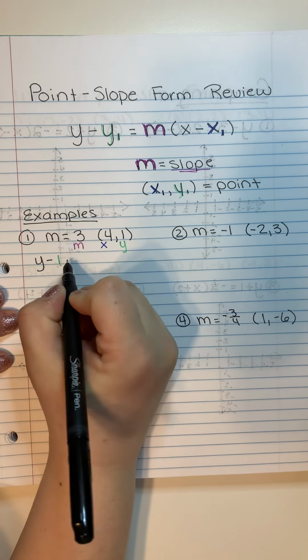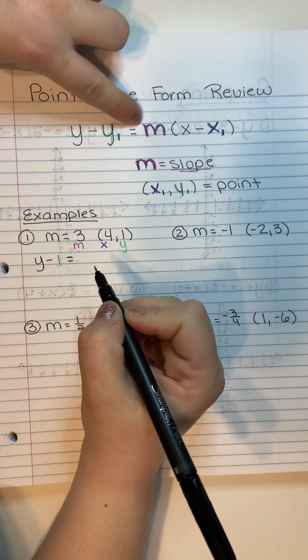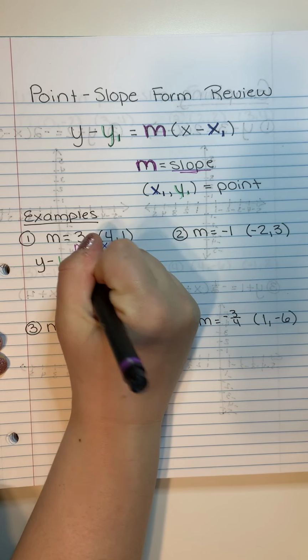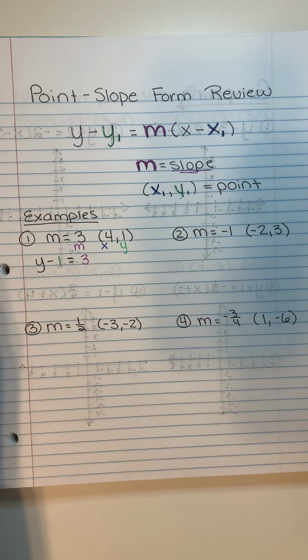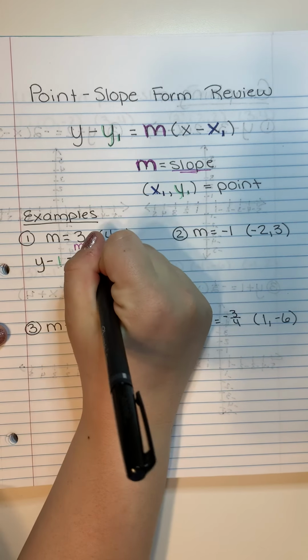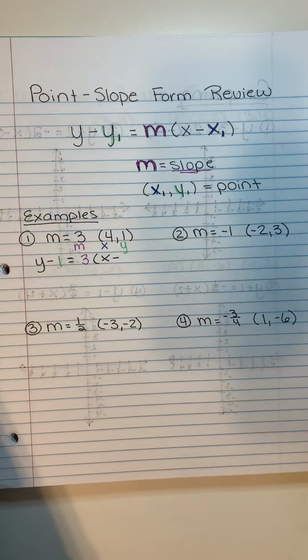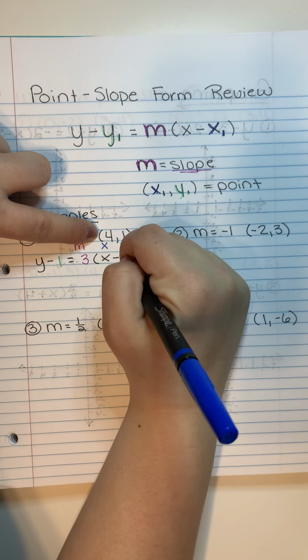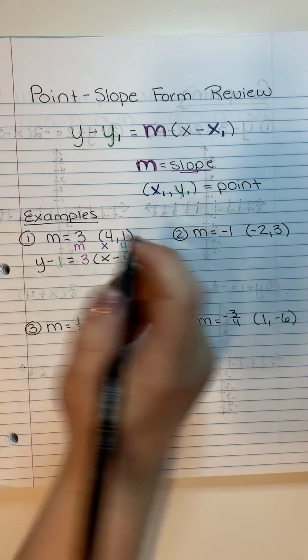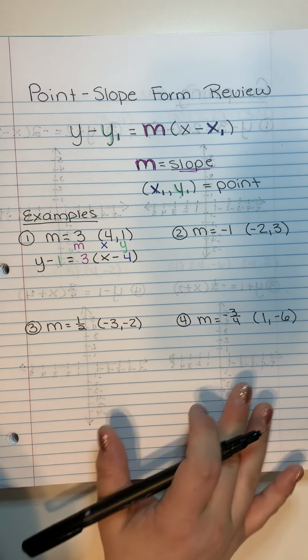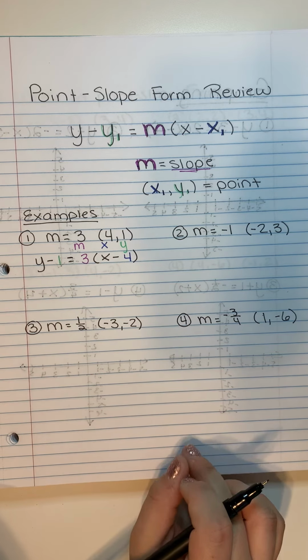Then that's equal to m. Our m is 3. And then parentheses, x minus, and our x1 is 4. And that's our answer. We're done. We're just plugging it in so it's in that form.